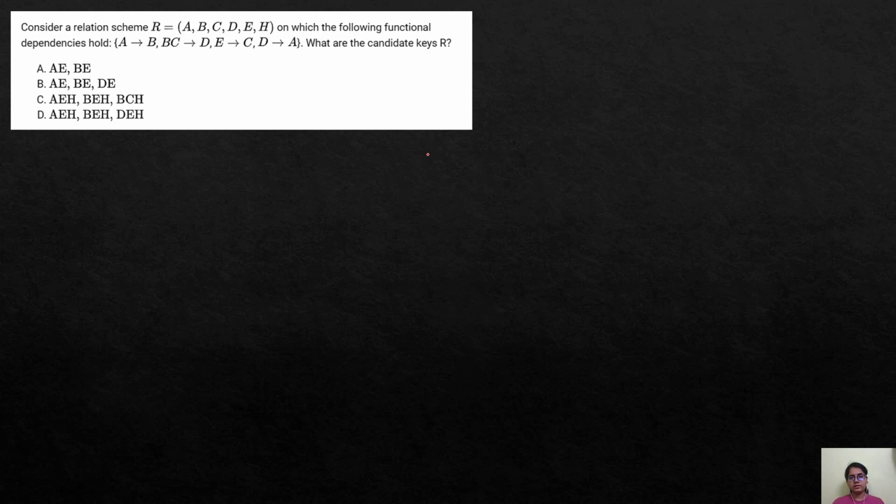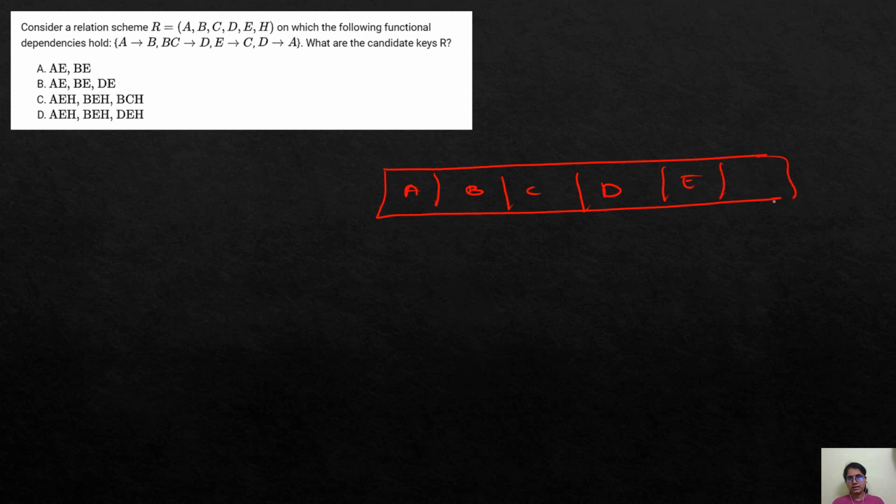We have to write horizontally the attributes A, B, C, D, E and H. As per the given dependencies, we will draw it like A is deriving B, BC is deriving D, E is deriving C and D is deriving A.